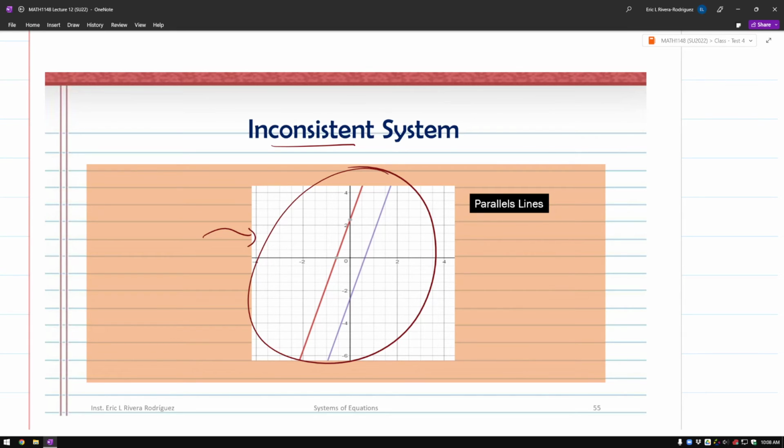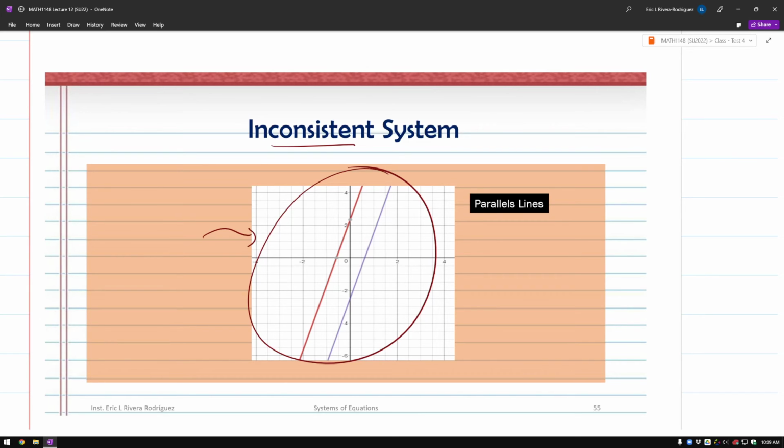Any other question with inconsistent systems? Okay, this is very important. Keep in mind that you could solve a system of equations by finding three types of solutions: an independent system, an inconsistent system, or a dependent system. You need to have an open mind in terms of the solution that you could find.